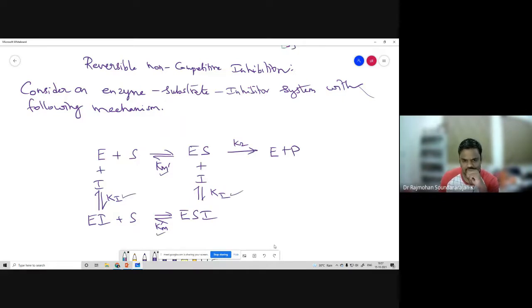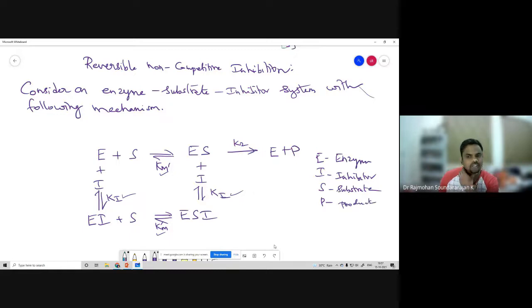How else is ESI formed? ES plus I will also form ESI with dissociation constant Ki. So I repeat: E stands for enzyme, I stands for inhibitor, S stands for substrate, P stands for product.